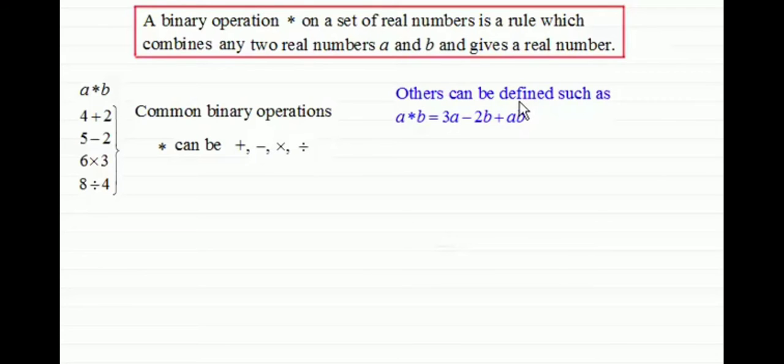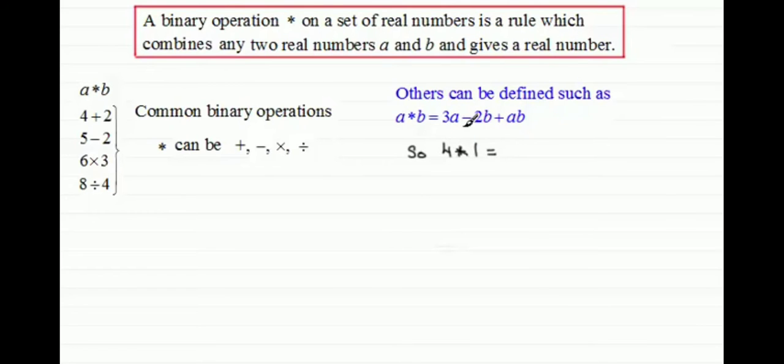We can also define star in some other ways. a star b is equal to 3a minus 2b plus ab. So here we have used subtraction, multiplication, all these combinations. Now let us see an example. 4 star 1.